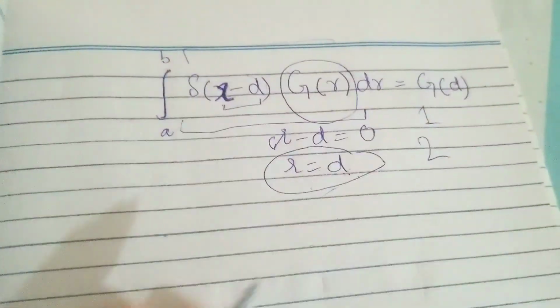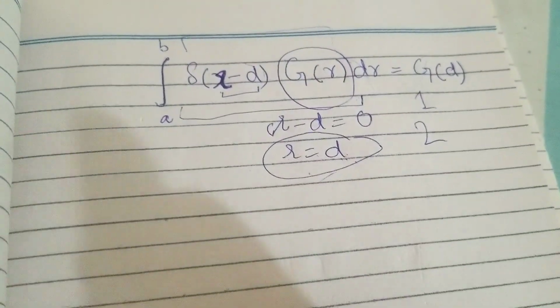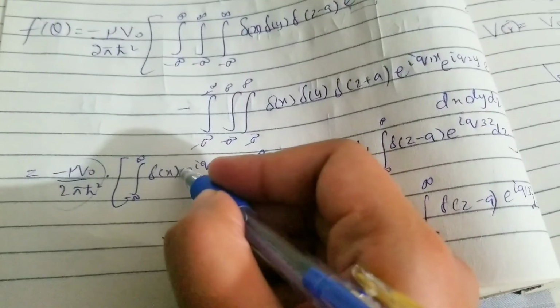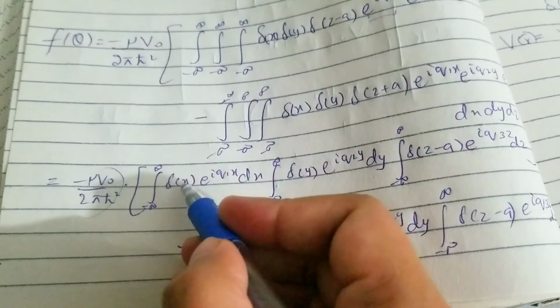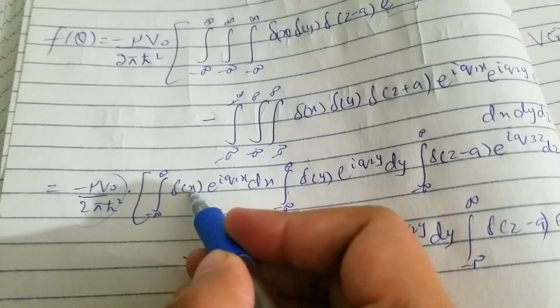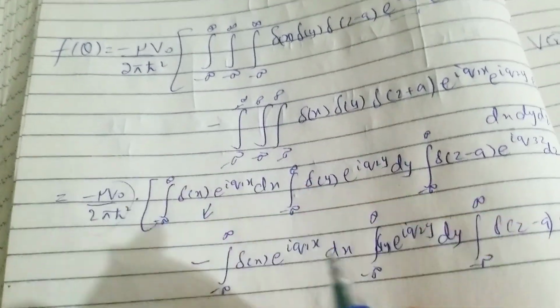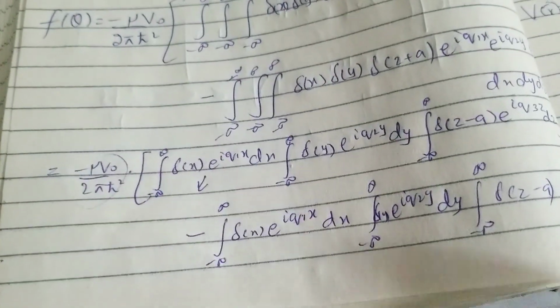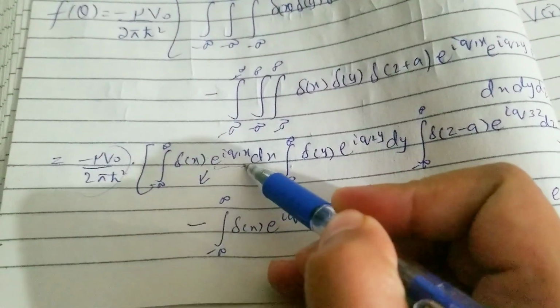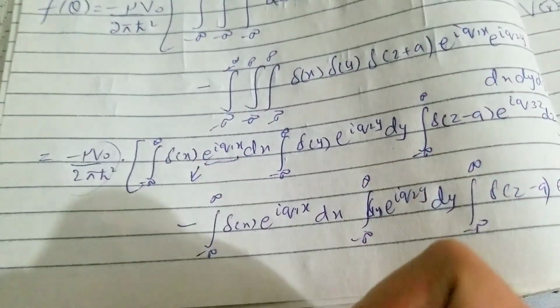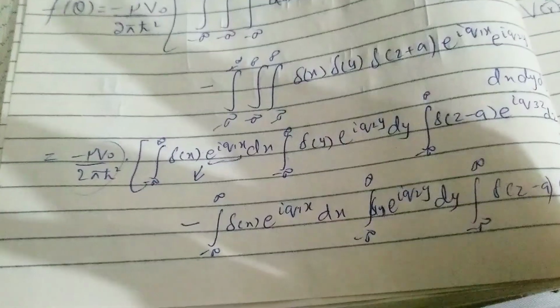So now let's see what the integration of the terms that we are writing in this problem is. The integration of this term will be: you need to put the value of x equal to 0 in the expression that is beside the delta function, and that is simply the integration of this term.